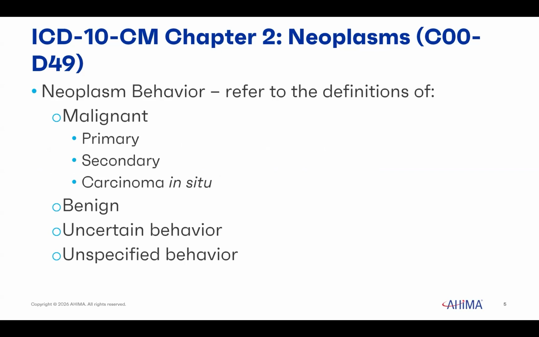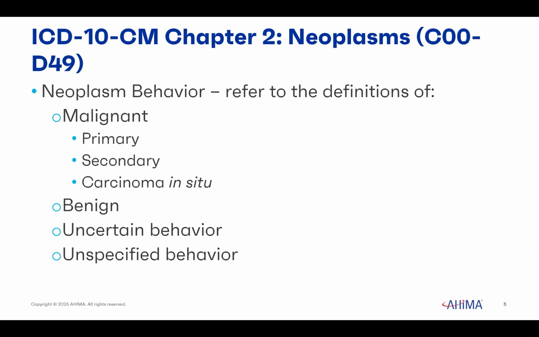And when we have malignant tumors, we can think of them in three categories. Primary, which is where the cancer originates. Secondary, which means that it's spread or metastasized from another primary. And then we have carcinoma in situ, which represents abnormal cells that are confined to the inner epithelial layers without invasion, so they're not going anywhere.